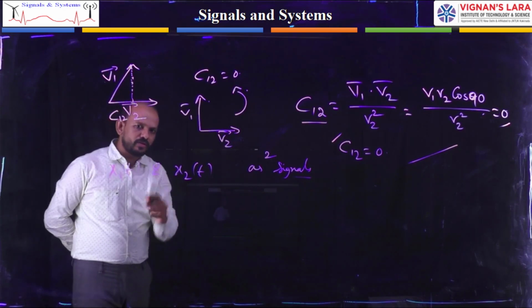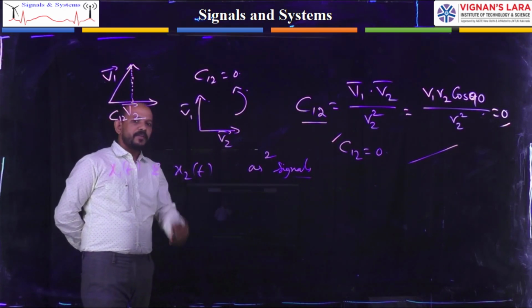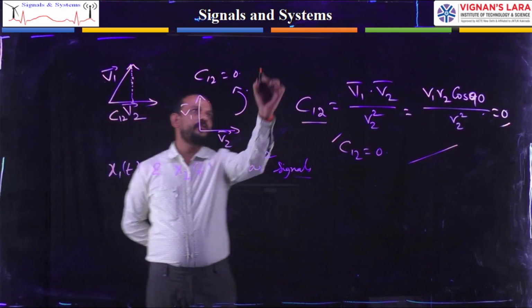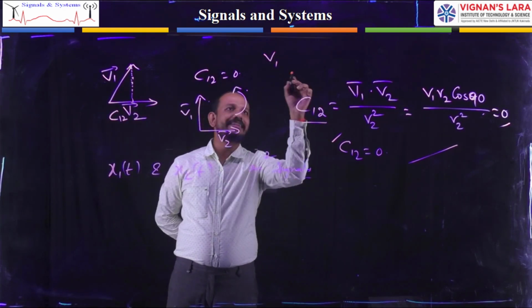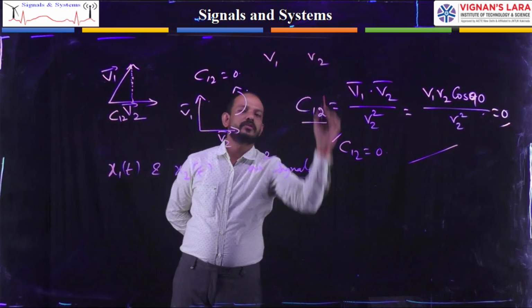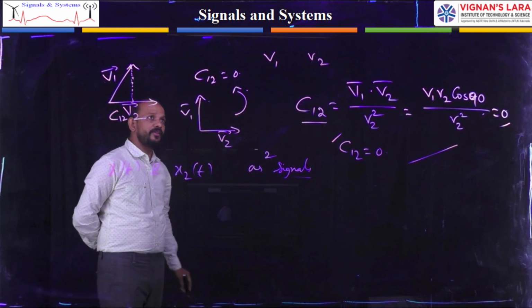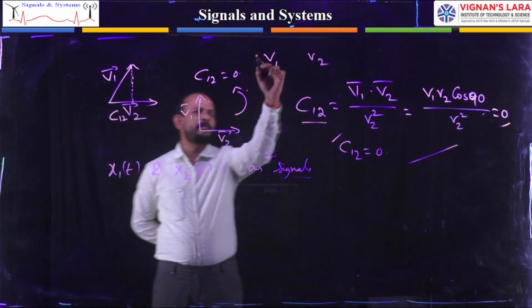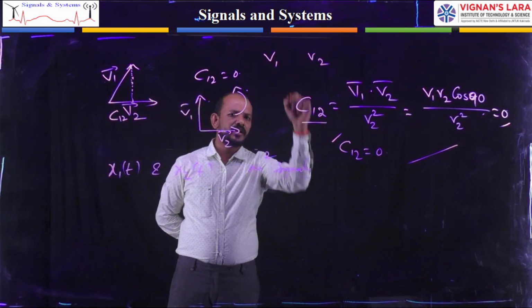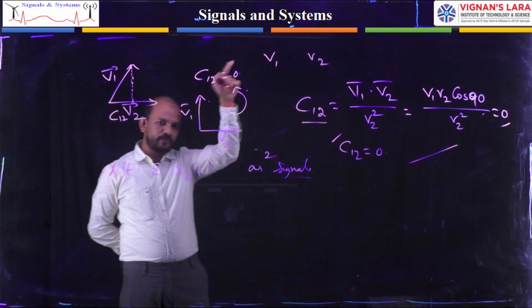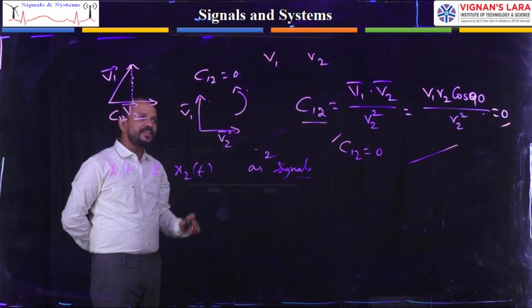Before going to that, at least you can say how we represent vector v1 in terms of vector v2. There are infinite ways, but the best way is drawing a perpendicular from one end of the first vector onto the second vector.